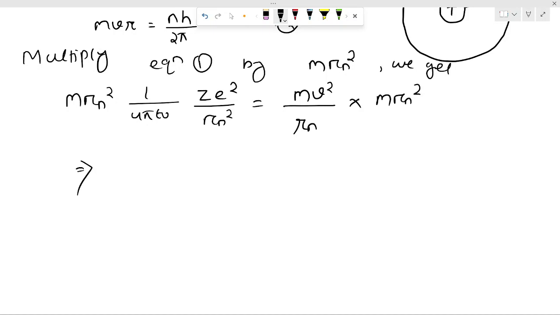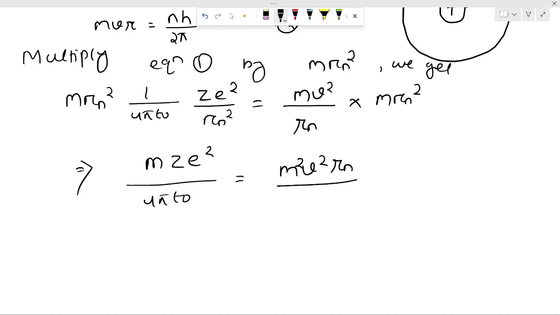On the left hand side we are getting m Z e square upon 4 pi epsilon naught. And on the right hand side we are getting m square v square, and here rn upon rn square cancels out, so in the denominator we have nothing.